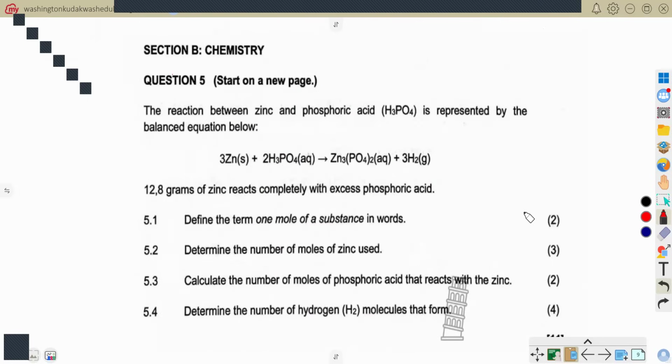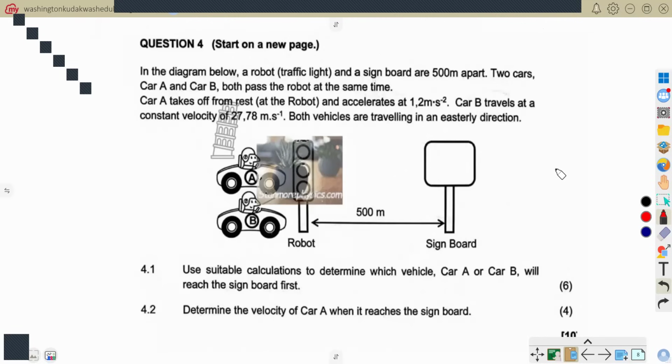Our next question is question number 4, which says that in the diagram below, a robot, which is a traffic light, and a signboard are 500 meters apart. This is the information they represented here. They're telling us that these two cars, car A and car B, both pass this traffic light, which is the robot, at the same time.